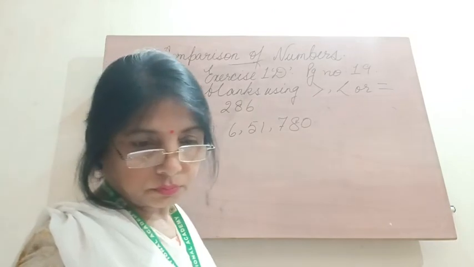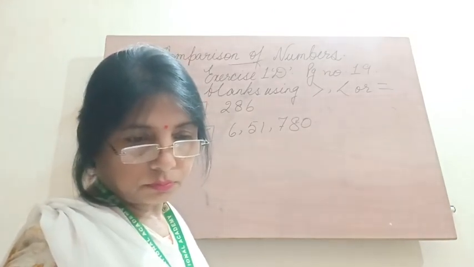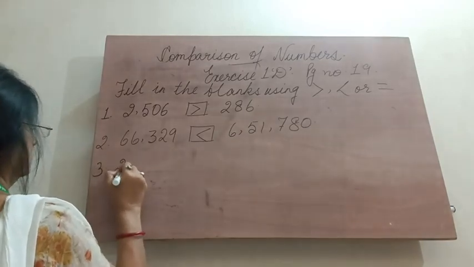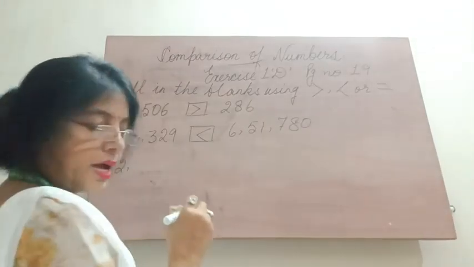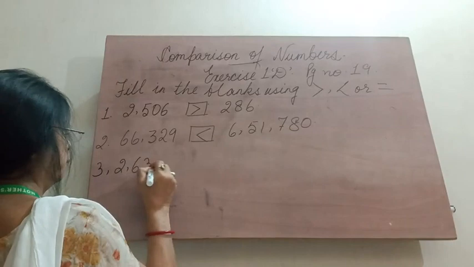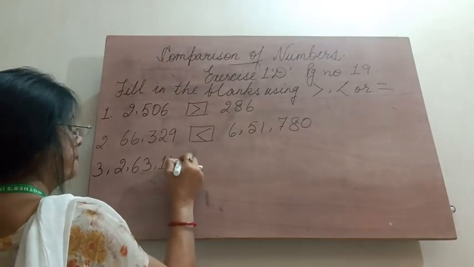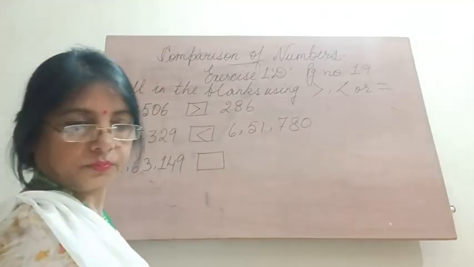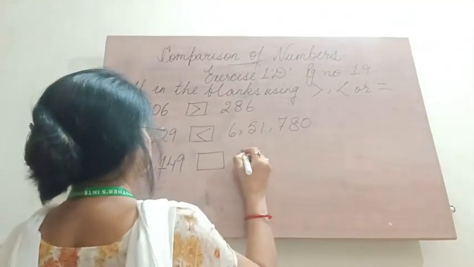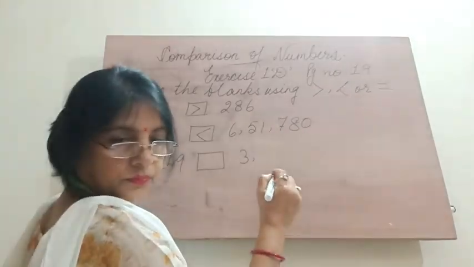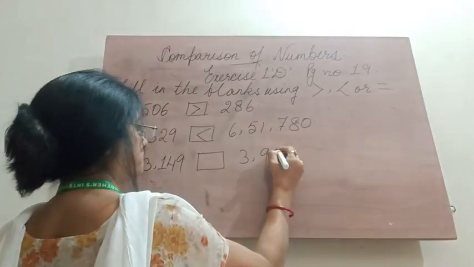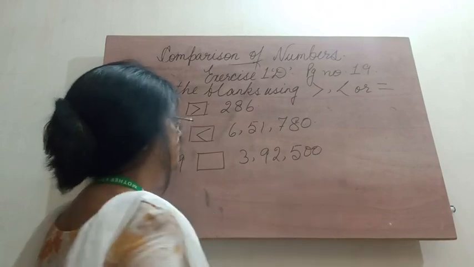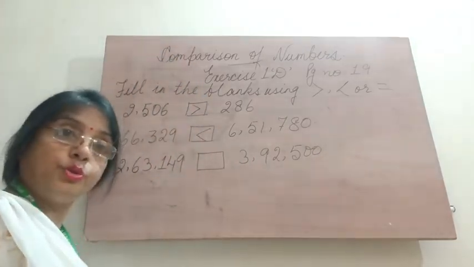Now one more. 2,63,149. Okay. And 3,92,500. Again, according to rule 2.